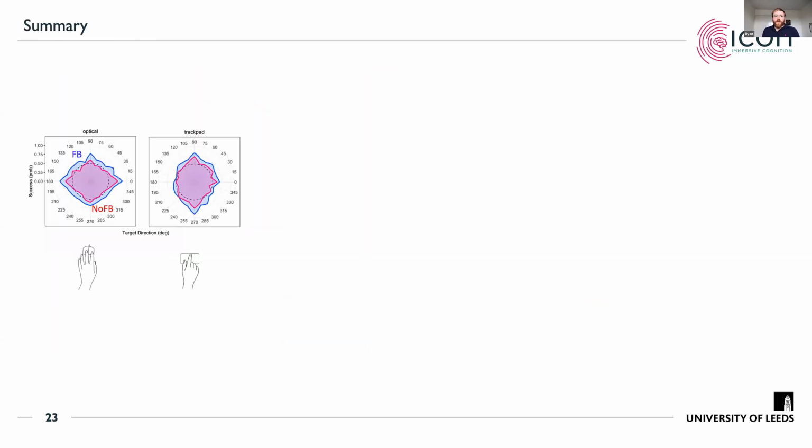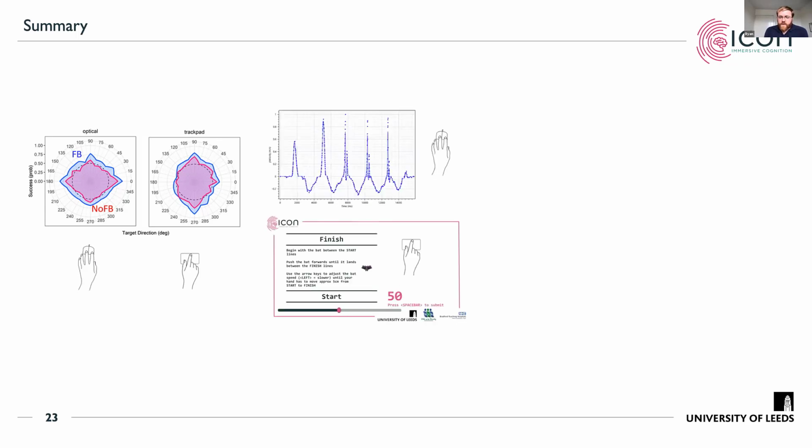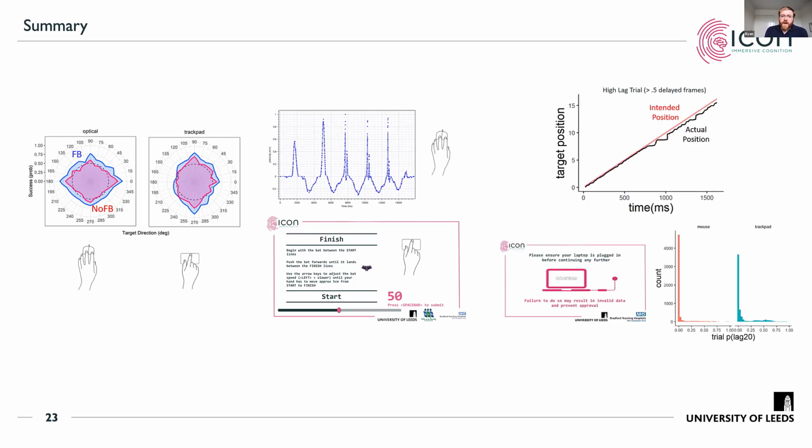So for a quick summary here, when you're getting data from either an optical or a trackpad mouse, you need to take into consideration that these are biomechanically different and may result in different success rates for reaches in different directions. There are upper bounds on how fast you can move a mouse, and so that can affect the movements that you can record, and you should try to ameliorate that if you can.